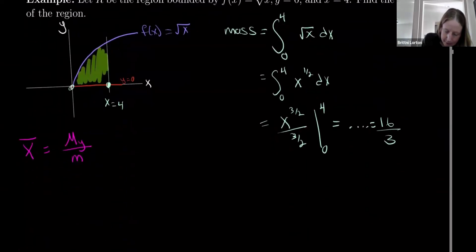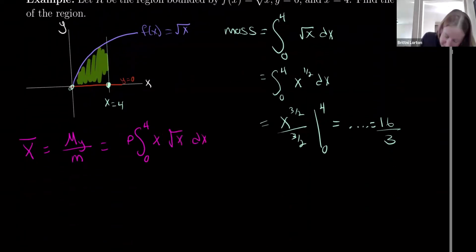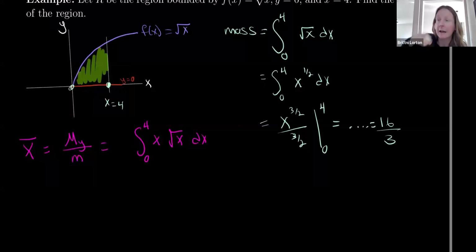We can do it. So my m sub y is going to be equal to, it looks like it's rho times the integral from 0 to 4, that was my a to b, of x times f of x dx, but my f of x, of course, is the square root of x. And density is going to be 1 unless you're given a density function.